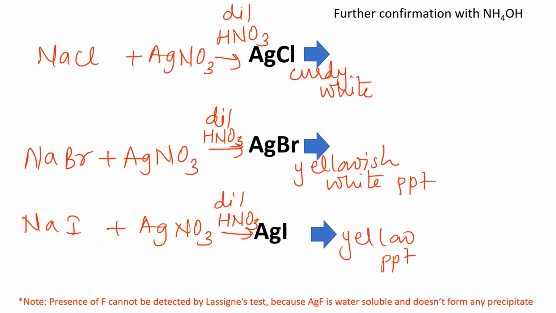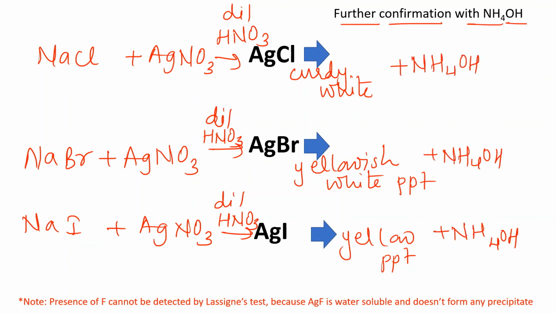Their further confirmation can be done by adding ammonium hydroxide. The yellowish white precipitate of silver bromide is sparingly soluble in ammonium hydroxide.